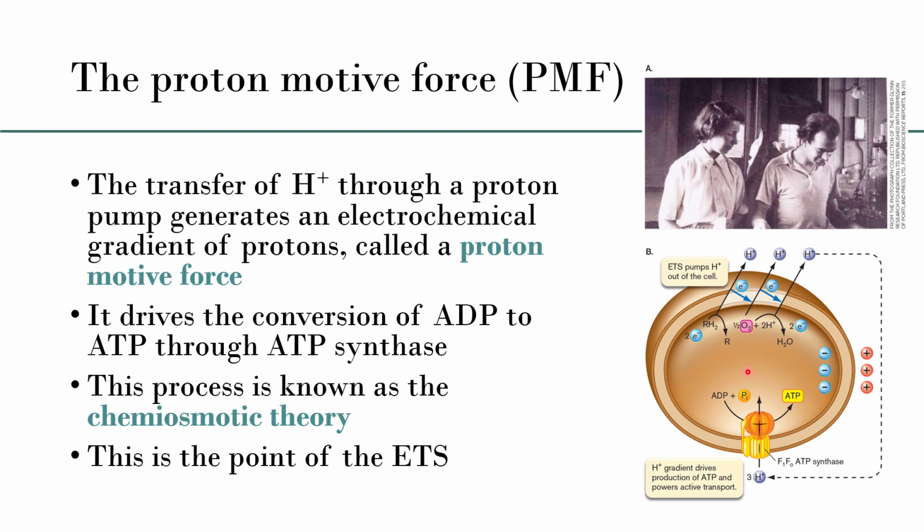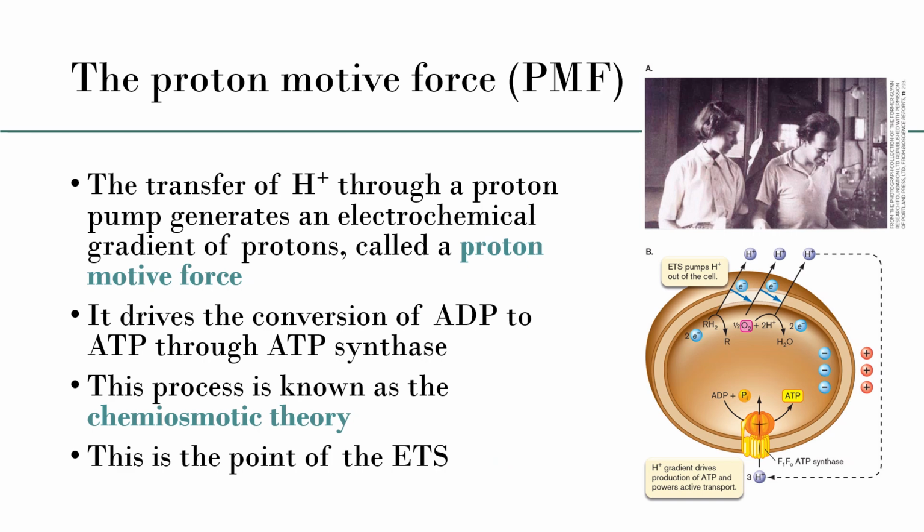And that flow, kind of think of water flowing down the dam, we capture that to turn turbines. That is literally what's happening with ATP synthase. We're letting the flow of the hydrogen ions turn a turbine in this enzyme, and that's going to generate energy for us. So that is the whole process, and we call it chemiosmotic theory.